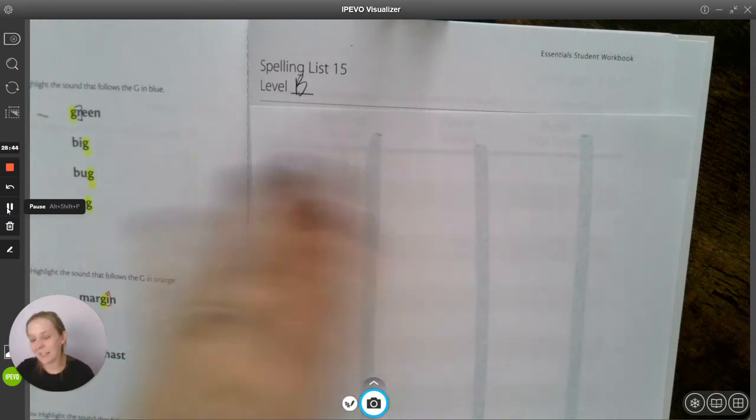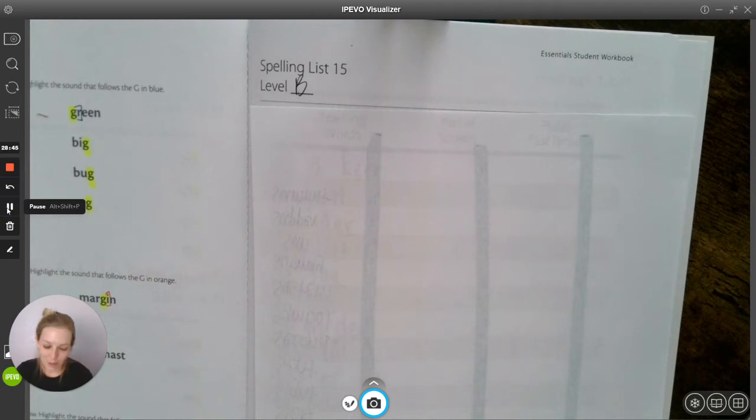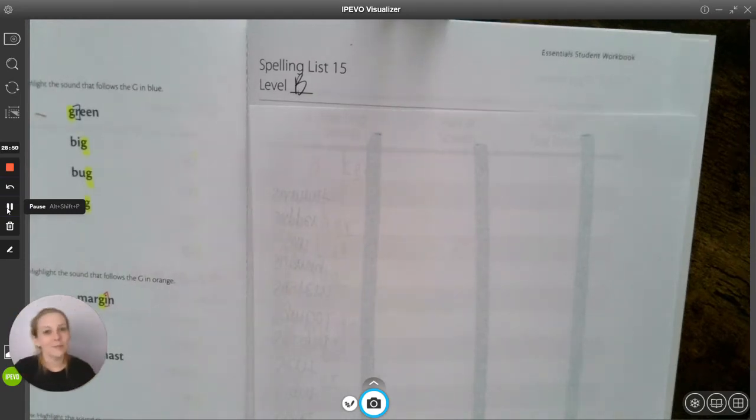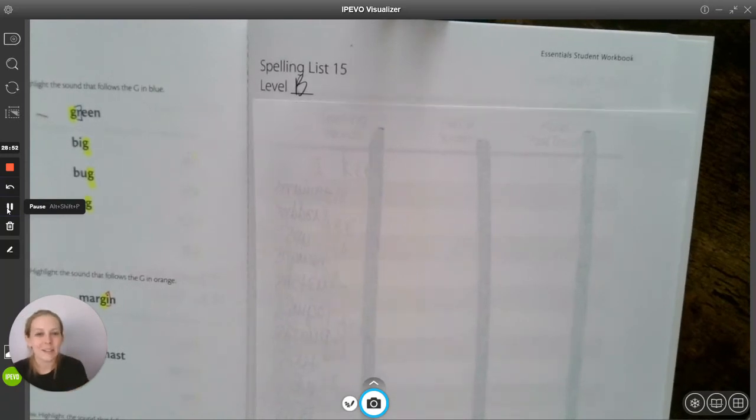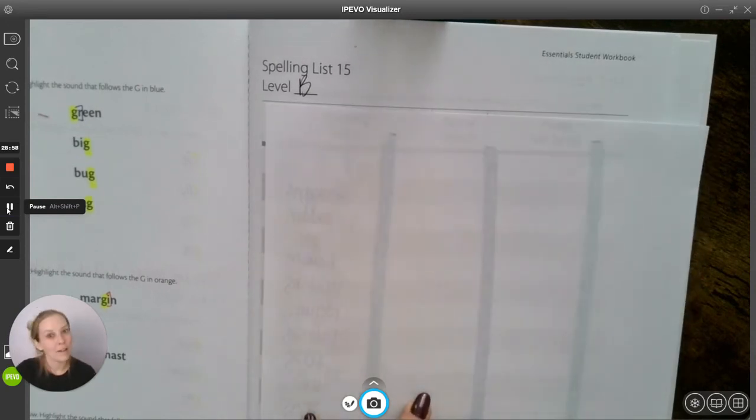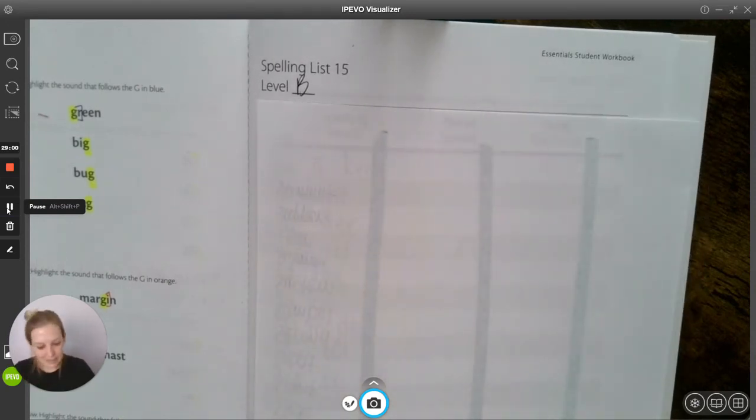So I'm just going to cover my answers until we go over them. Okay? All right. So, first word, I know you can kind of see through the paper, but that's okay. Our first word, again, we're on page 185, is parakeet. Parakeet. The class has a pet parakeet.